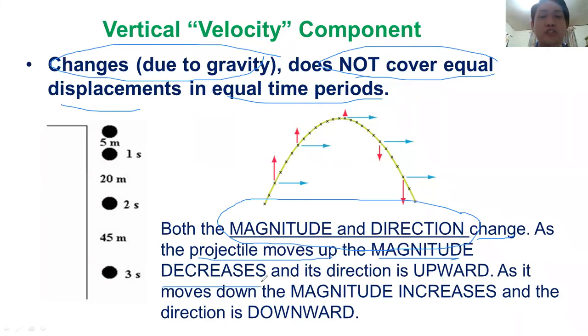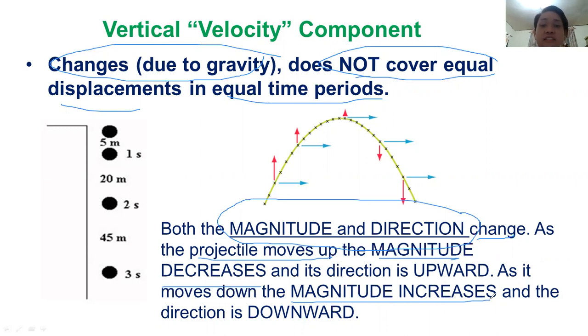When the projectile moves up, the magnitude decreases and its direction is upward. Another thing, as it moves down, the magnitude increases and the direction is downward. So do not forget that under the vertical velocity component.